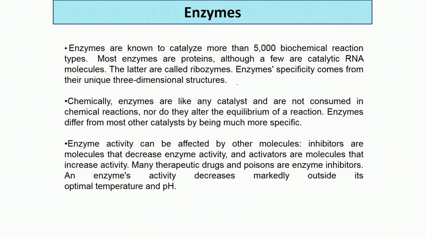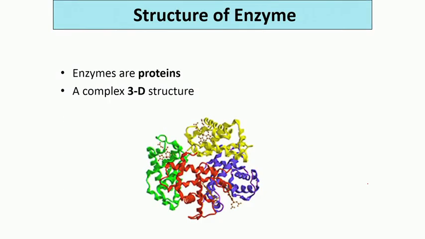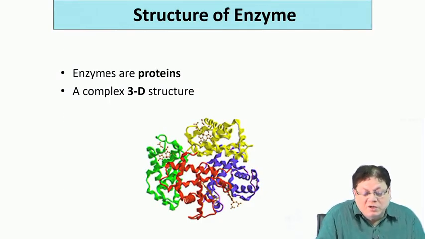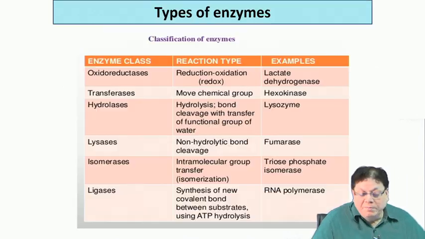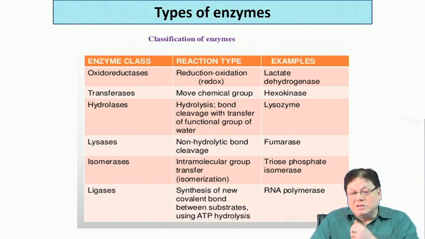Okay. So, enzymes, I think we can skip this slide. Some enzyme structures are given here. Enzymes are proteins. This is a complete, complex 3D structure of an enzyme. But let us go to the different classes of enzymes.